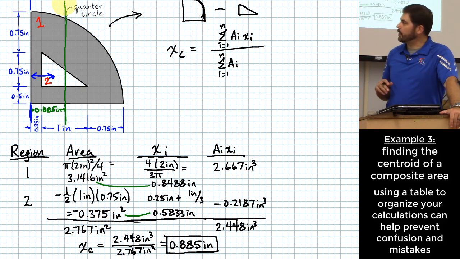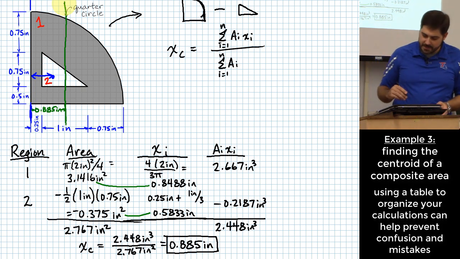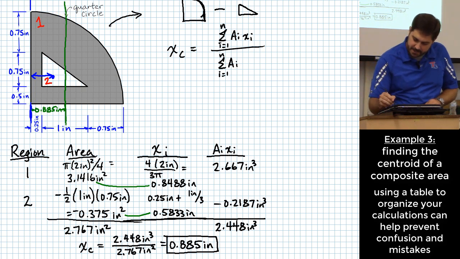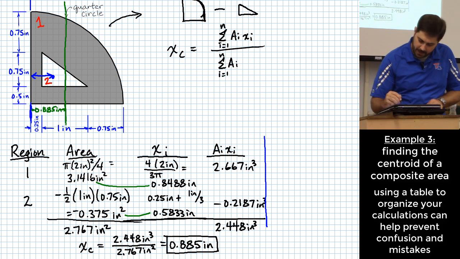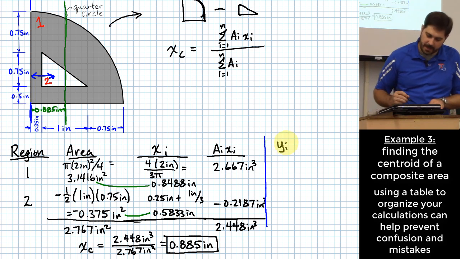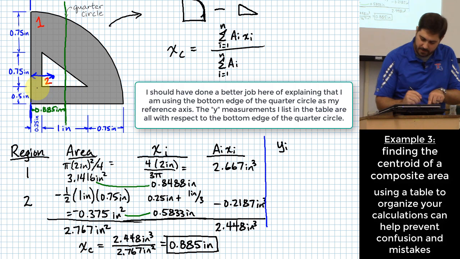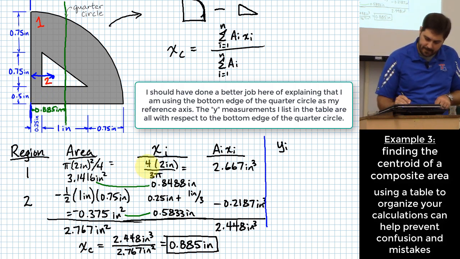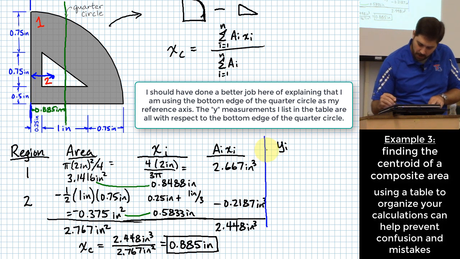All right? What if I want my y direction? Basically the same type of process. All I've got to do is add another couple of columns, my y sub i column. How do I figure out where my y sub i values are? For region 1, again, it's just going to be equal to 4r over 3 pi, so 4 times 2 inches over 3 pi.